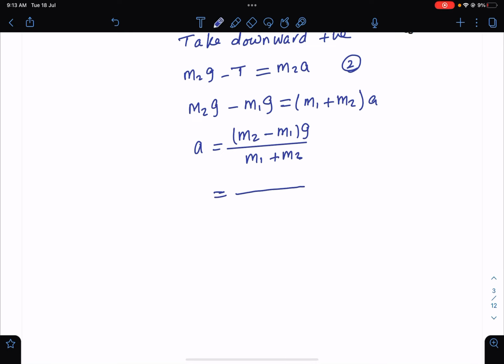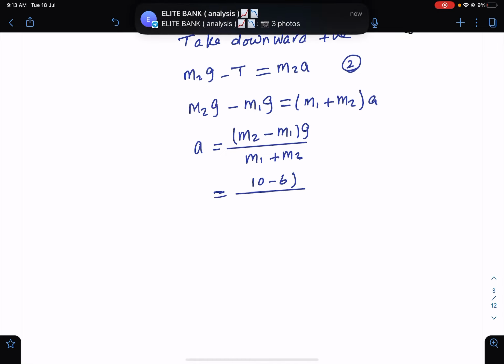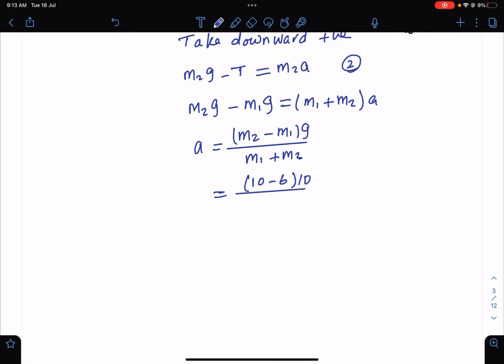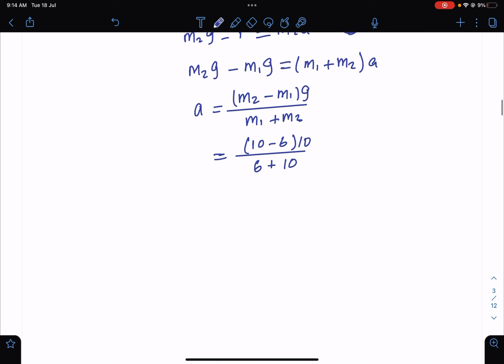So the acceleration is 10 minus 6 times G, which is 10 for convenience, of course, and we have 6 plus 10, which is 16. So we're going to get 10 minus 6 is 4, times 10 is 40, divided by 16.